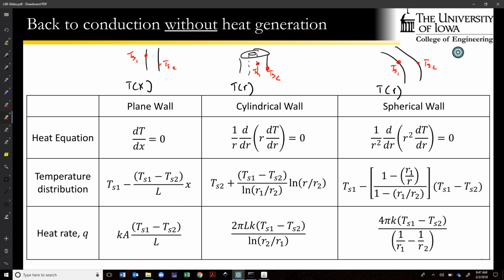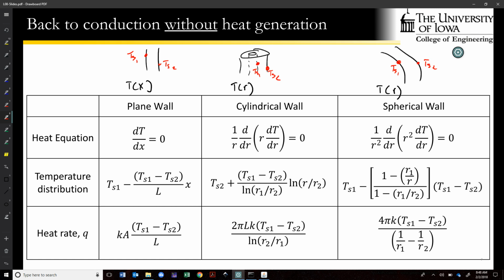And so finally, we have the temperature distribution, and if we apply Fourier's law, which allows us to take the slope of these temperature distributions at any point to get the heat flux, and then multiply that by the local surface area to get the heat rate, we end up with these expressions. All right, quick sanity check.